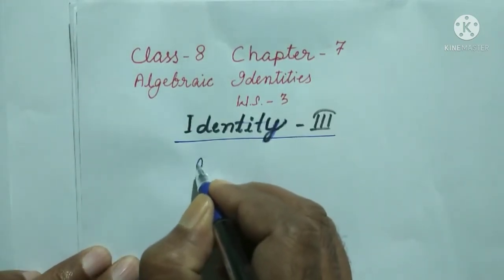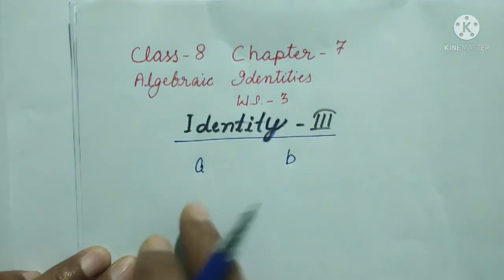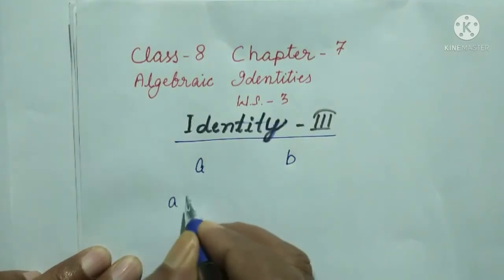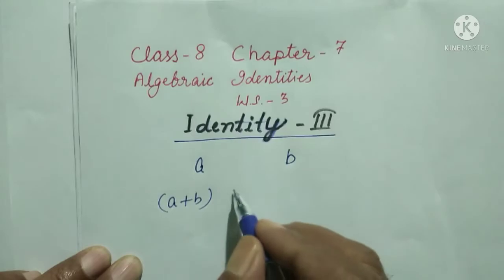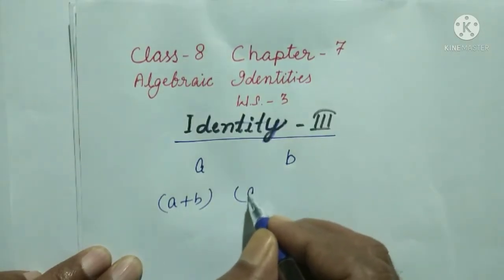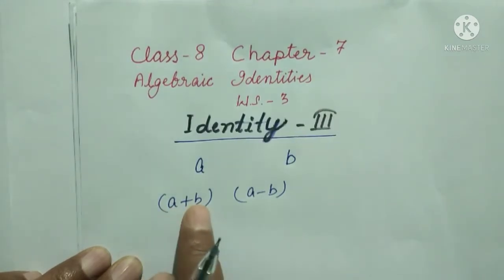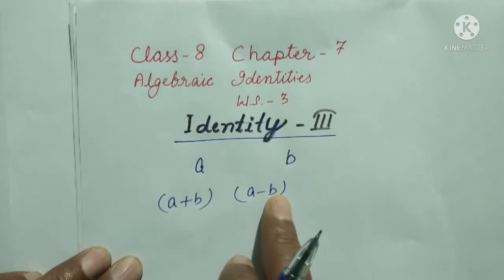You have two numbers A and B. Now add them, A plus B. This is a binomial, and subtract them, A minus B. This is the sum of the first number and second number, and this is the difference of the first number and second number.